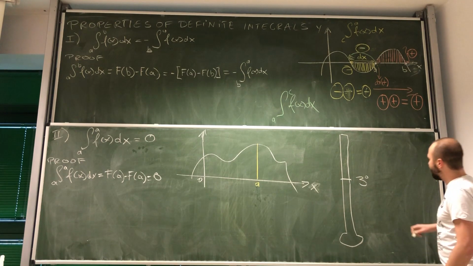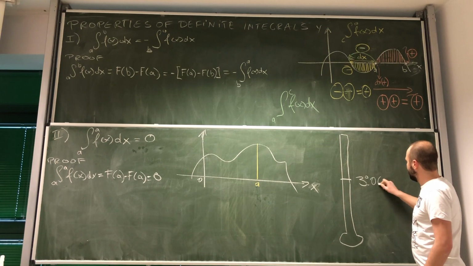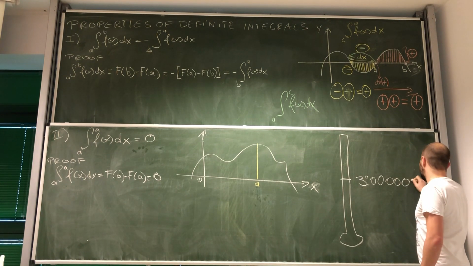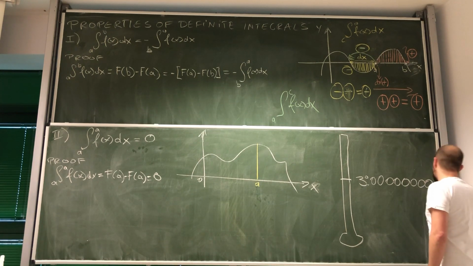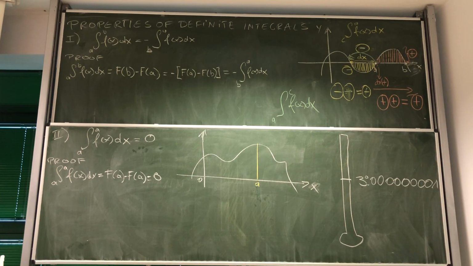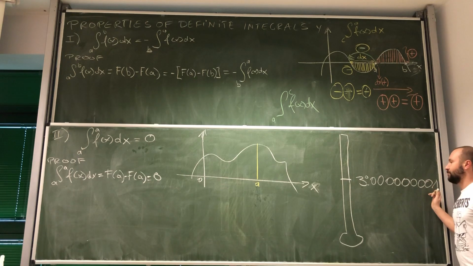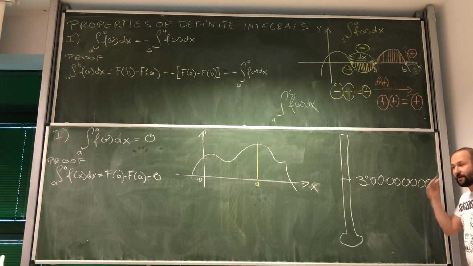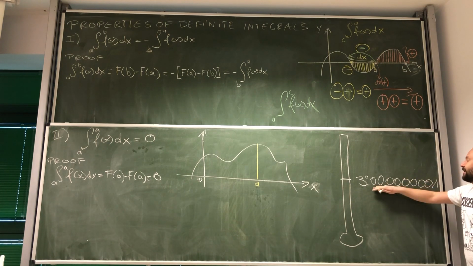Because look, the temperature might just as well be 3.00001 degrees Celsius, right? Even though, in approximation, this is 3 degrees Celsius, it is not exactly.